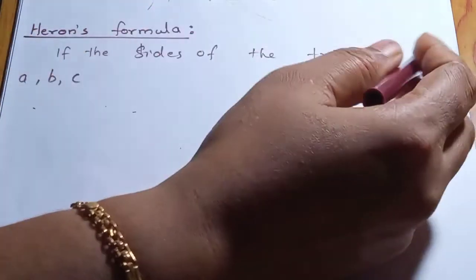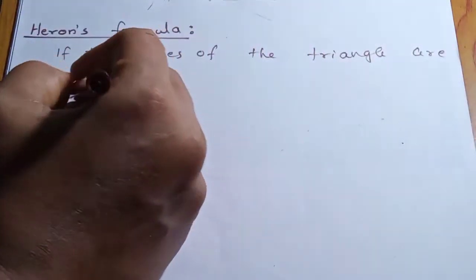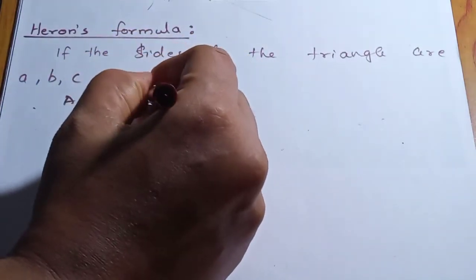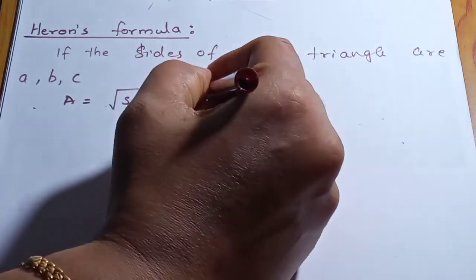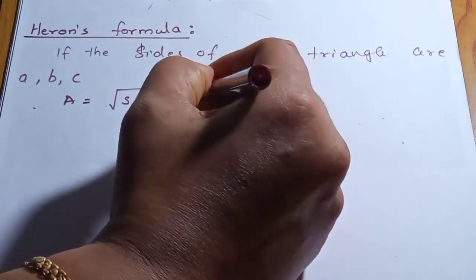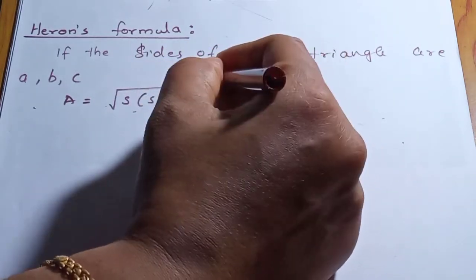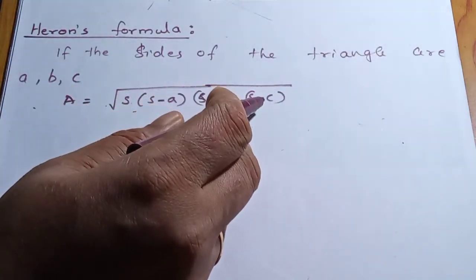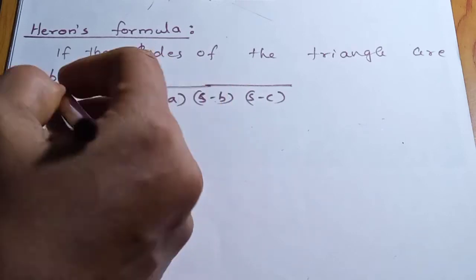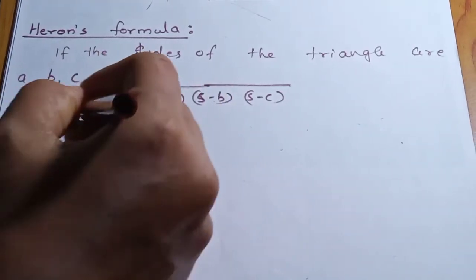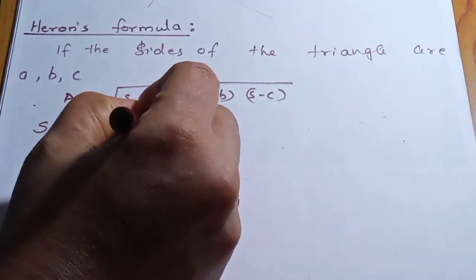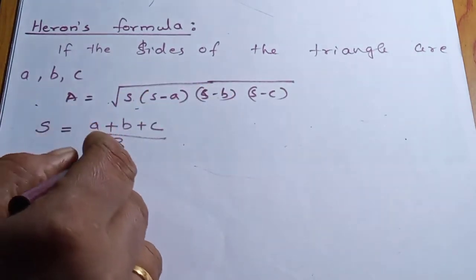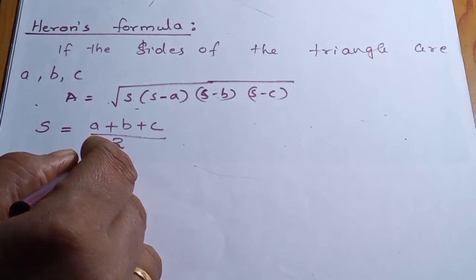then its area is equal to root of s into s minus a into s minus b into s minus c, where this s is equal to a plus b plus c by 2, that is, half of the perimeter.